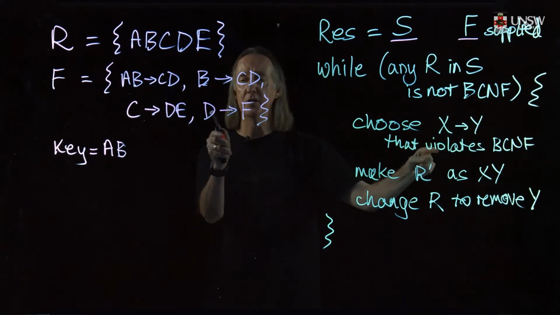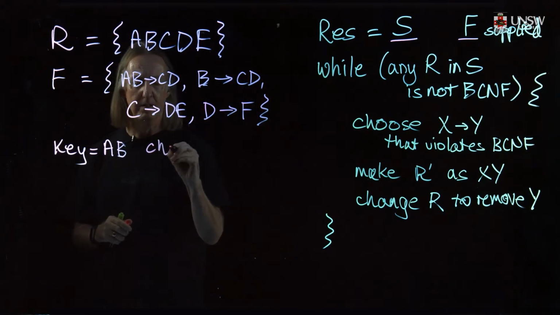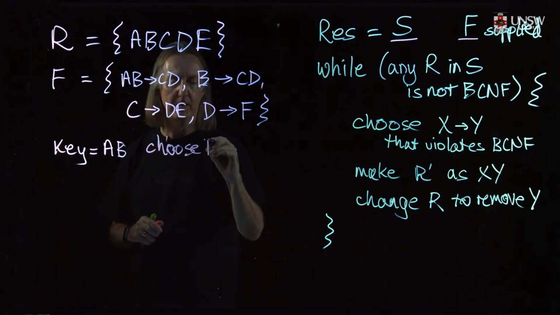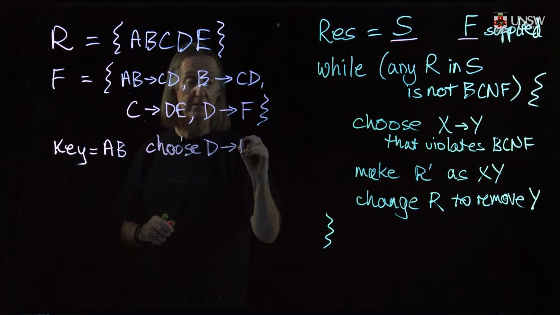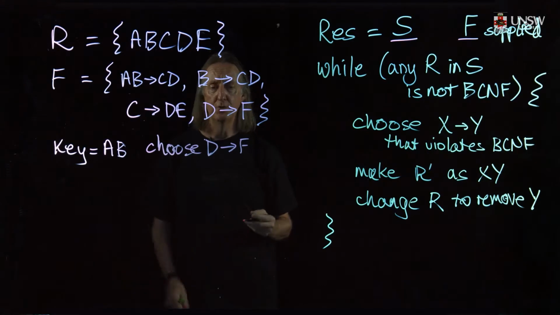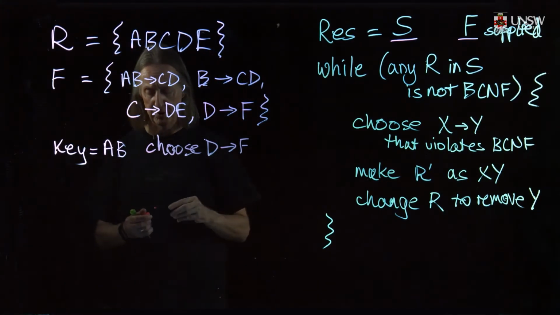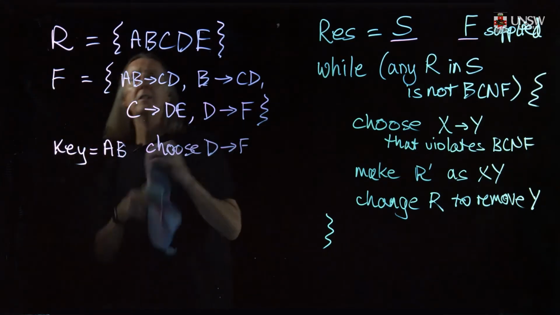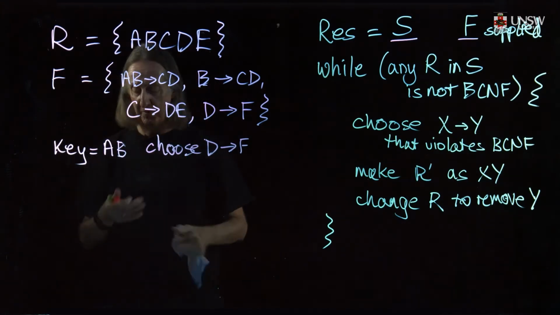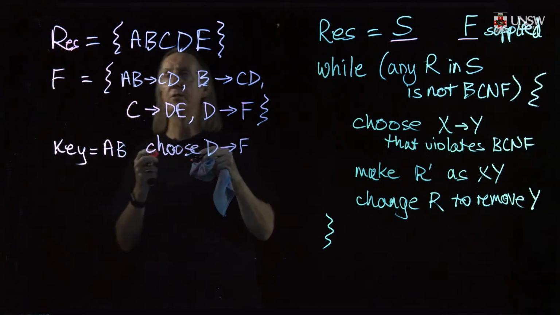So the XY that we choose is D functionally determines F. And the goal here, remember, all the time, is that we're trying to make this schema closer to BCNF. So if we make this choice, then rather than having R prime or whatever, I'll just keep this thing that we've got here, and we can always call the result schema.